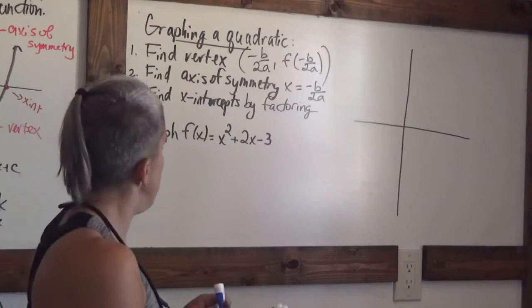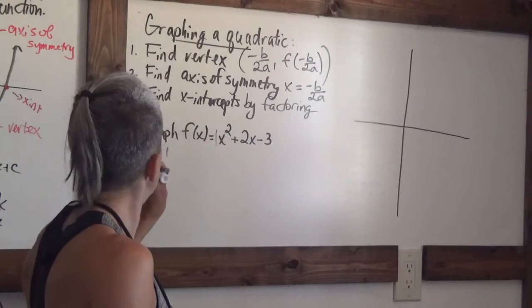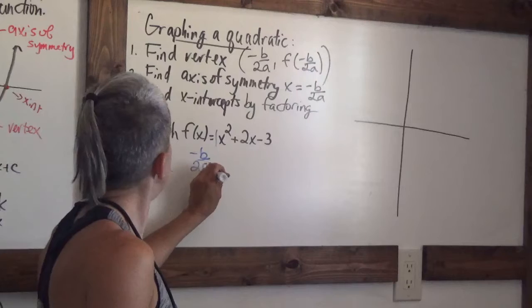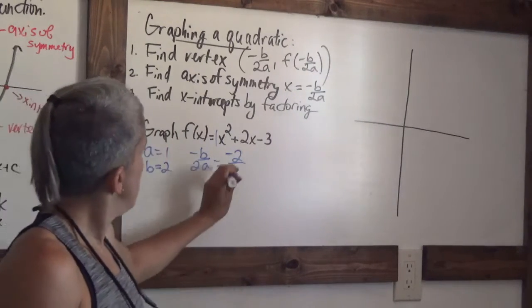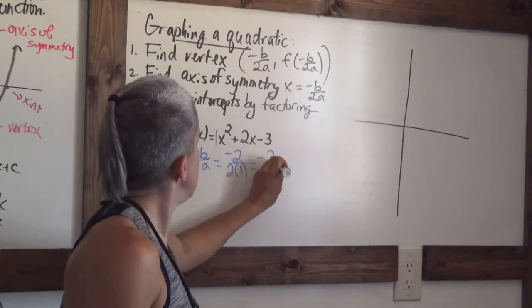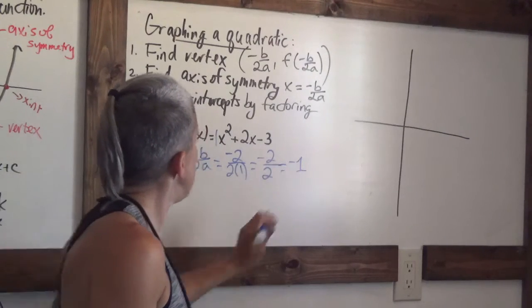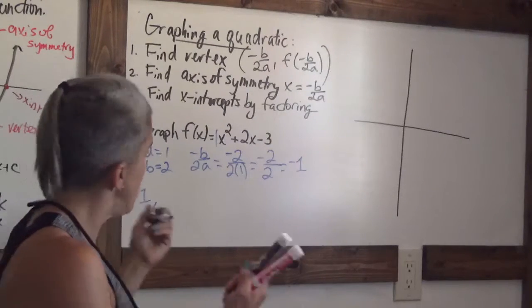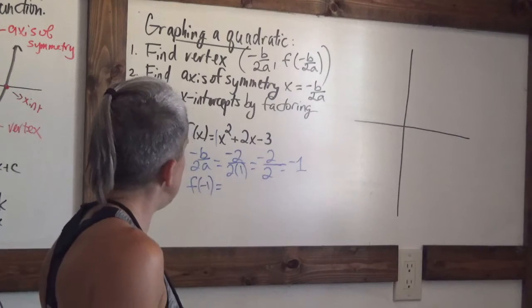All right, so let's get our vertex first. Our a here is 1, imaginary 1. Our b here is 2. Let's plug it in the vertex formula. We get negative 2, because b is positive, over 2 times a, which is the 1. Negative 2 over 2. Here I got my x part of the vertex as negative 1, comma. Now I need to plug negative 1 into the original equation, f of negative 1.